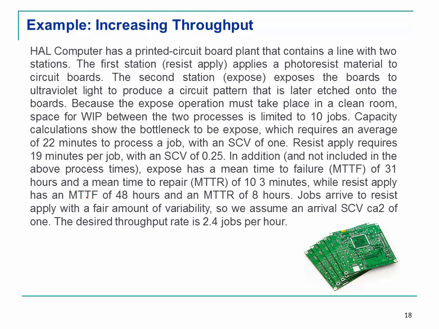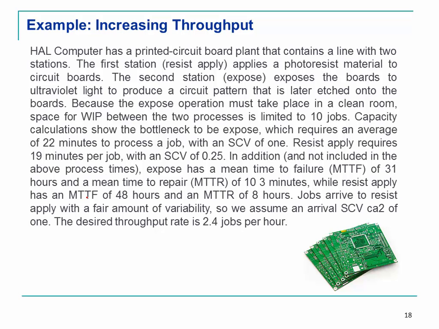Capacity calculations show the bottleneck to be expose, which is the second station, which requires an average of 22 minutes to process a job with a squared coefficient of variation of 1. Resist supply requires 19 minutes per job with a squared coefficient of variation of 0.25.